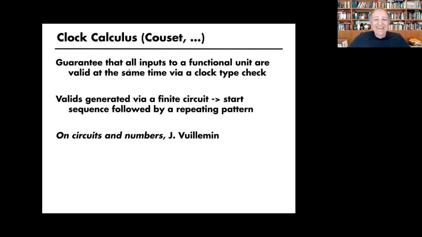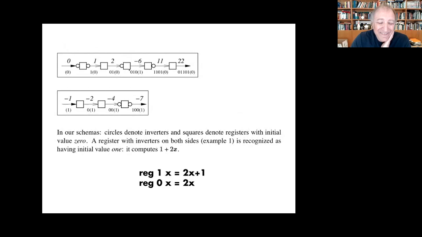So this is a crazy idea, but there's a neat thing in here that you can read about if you want. There's a relationship between circuits and numbers. This is just a fun fact, and then I'll end. Okay, so let's think about registers for a second.